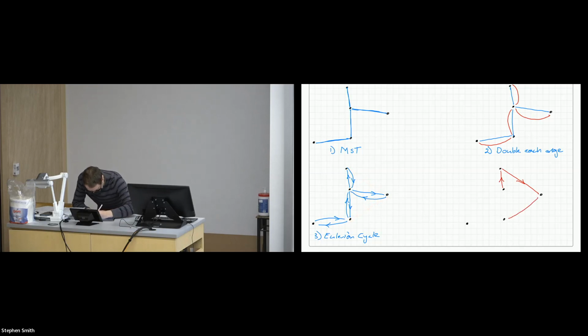Then it goes out to here. And then I should come back like this, right? Using this edge here, but that again visits the same one. So instead I shortcut and go to here.